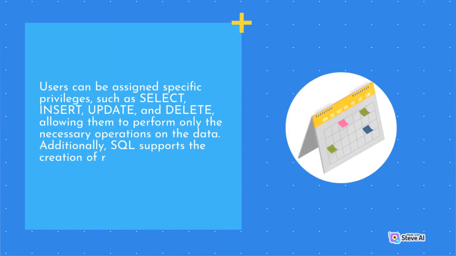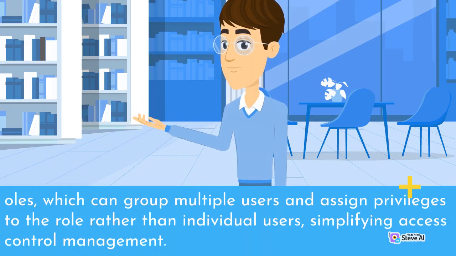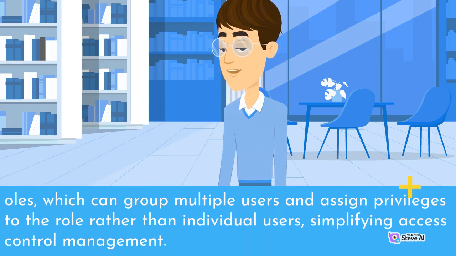Users can be assigned specific privileges, such as select, insert, update, and delete, allowing them to perform only the necessary operations on the data. Additionally, SQL supports the creation of roles, which can group multiple users and assign privileges to the role rather than individual users, simplifying access control management.